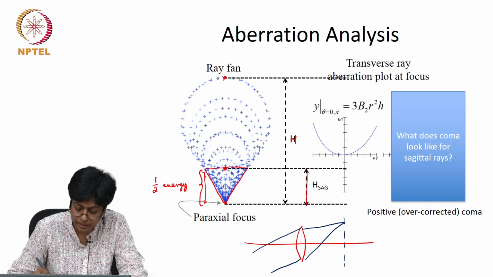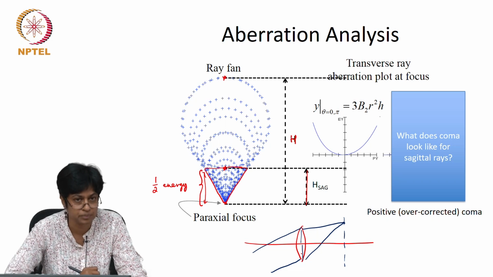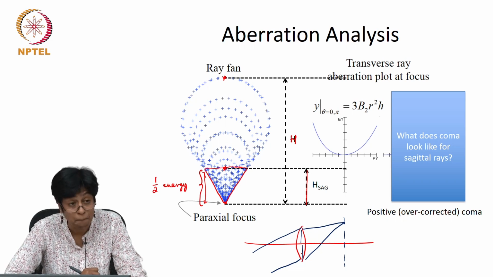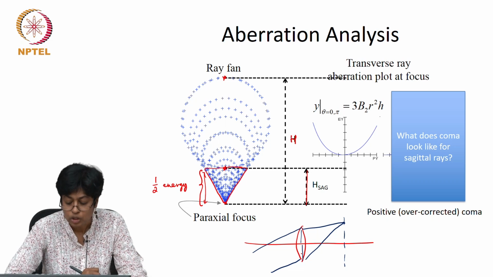Let's assume these were both equidistant from the optical axis. So these are in the meridional plane and they both come to focus at the same height.